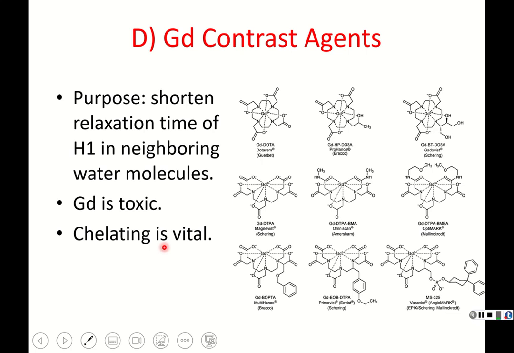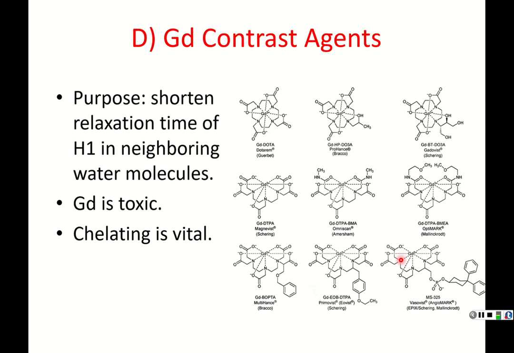And what you're using that for is to visualize it on an MRI, magnetic resonance imaging. We'll go through and see why gadolinium is so good at being a contrast agent, but it's toxic. Free gadolinium by itself is toxic, so you have to chelate it.